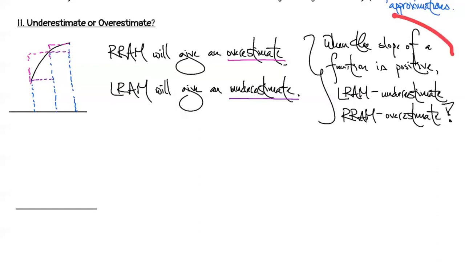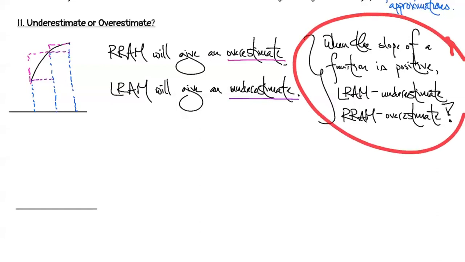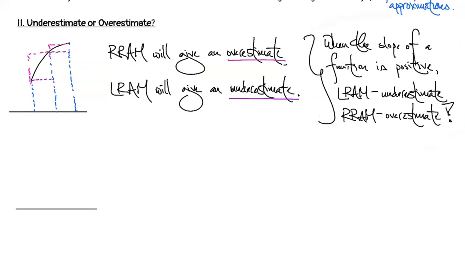Now, what do you think I should modify about this statement so that I could switch which one is the overestimate and which one is the underestimate? Putting negative functions. Exactly, exactly. Okay. So when the slope of a function is negative, what does that look like when we draw it? Well, maybe that is something like this, right? The slope of that function certainly is negative.